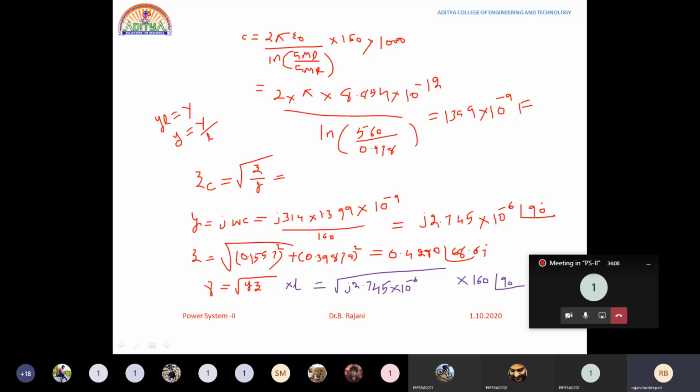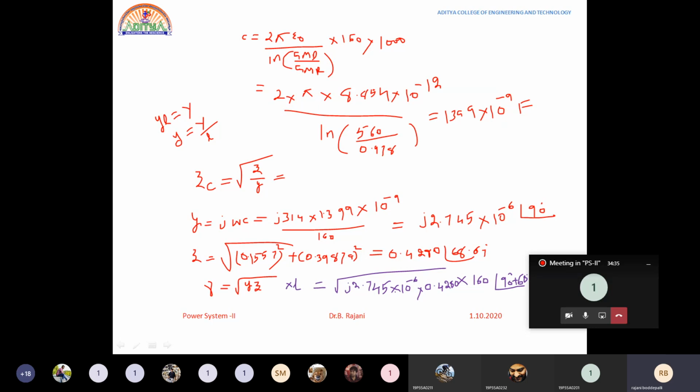This is multiplied with z, which is 0.4280, and the angle is nothing but plus 68 point something, 67 I'm having, right?